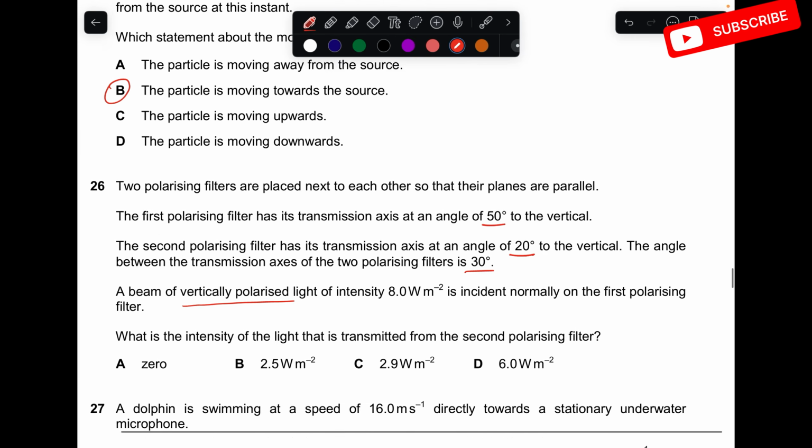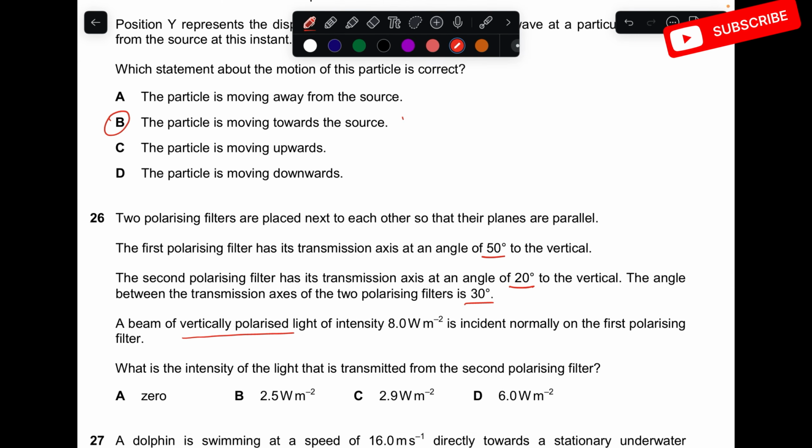Okay, so let's try to make the scenario. Let's suppose this is the beam. This is vertically polarized.